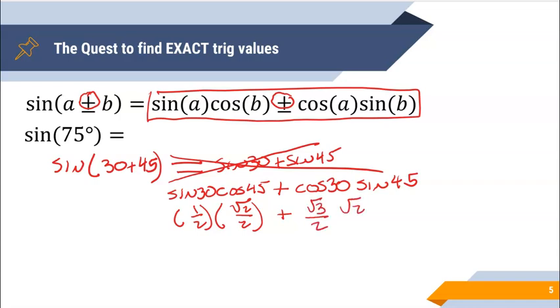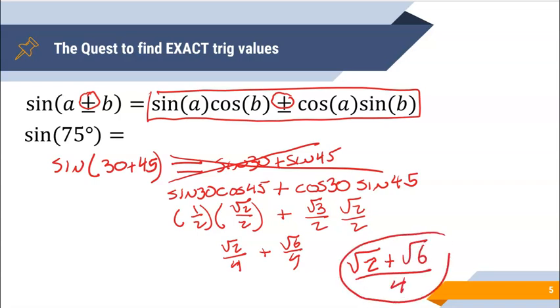Sine of 45 is root 2 over 2. If we multiply this out, root 2 over 4 plus root 6 over 4, which is square root of 2 plus the square root of 6 all over 4. That is the exact answer for the sine of 75 degrees. So part of our quest is done. 1 angle done, probably 320 more to go.